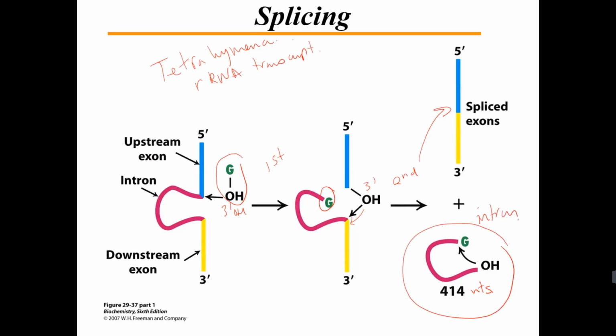Okay, so this intron, again, becomes important because we'll see that it actually does something else to itself. So it is actually characterized as a ribozyme on its own once it's been cleaved from the primary transcript.